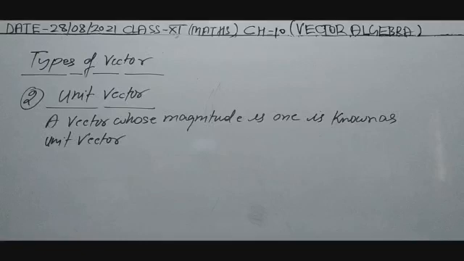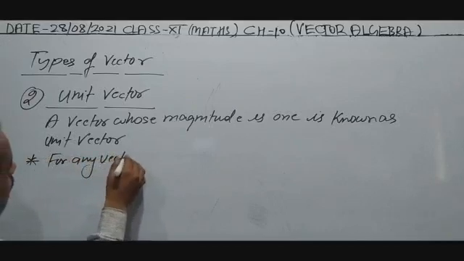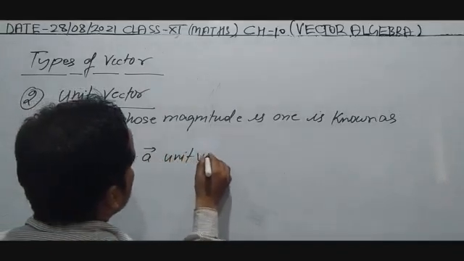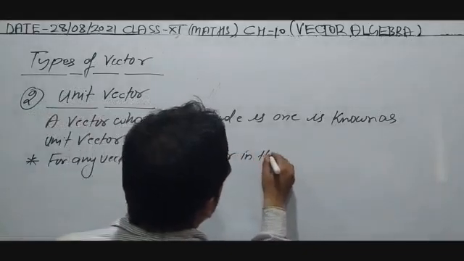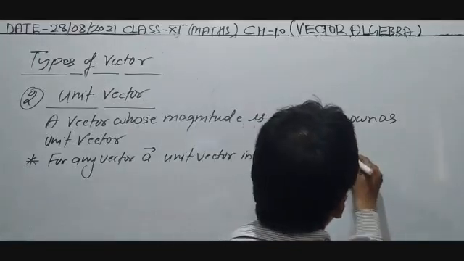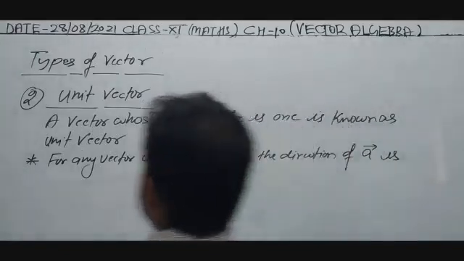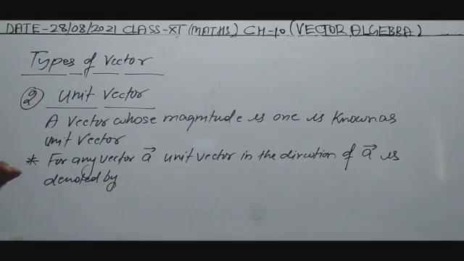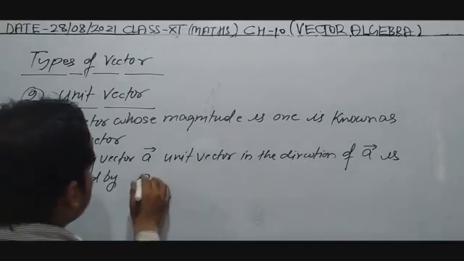Now unit vector is denoted by, or we can write in star point, for any vector A, the unit vector in the direction of vector A is denoted by A cap.